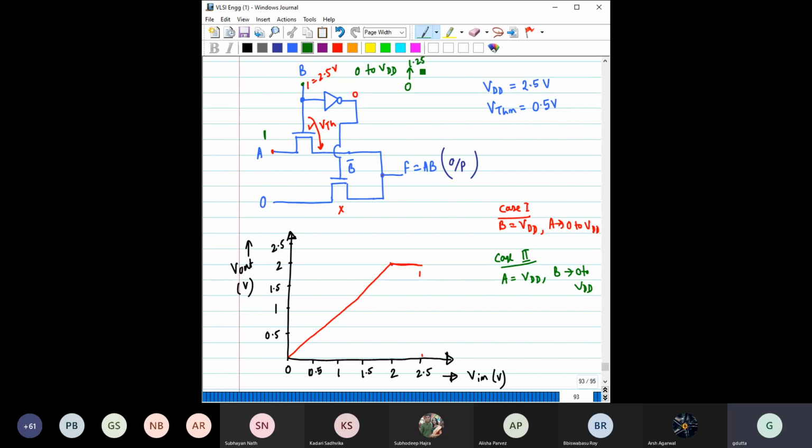It has not reached it yet, but till that entire region, this would be considered as input logic 0. So if this is logic 0, what would be the output? The output would be equal to 1.